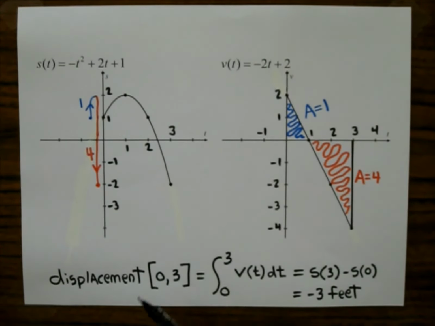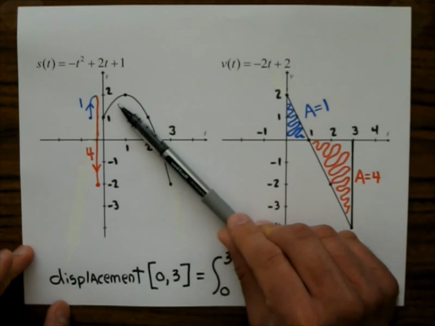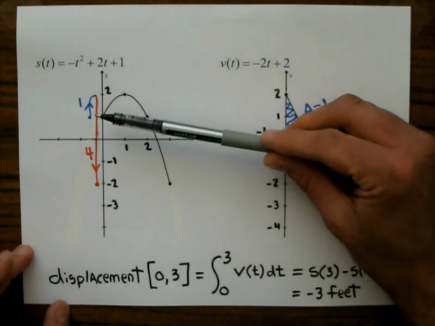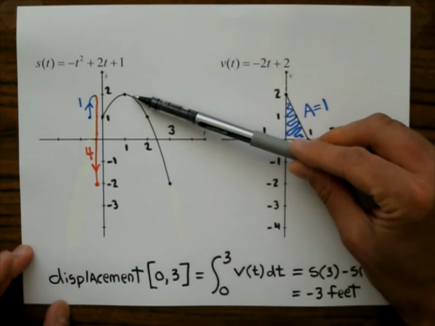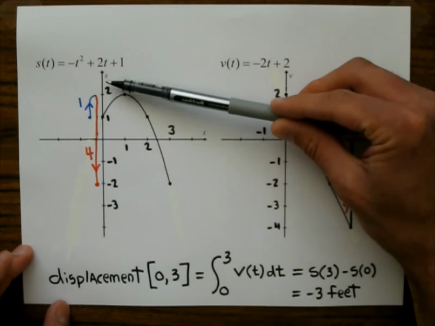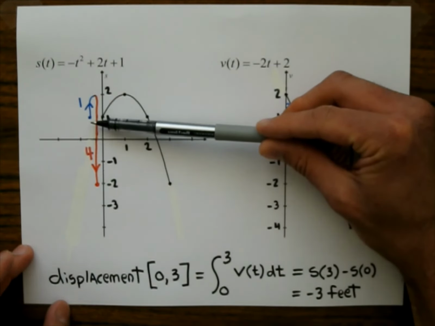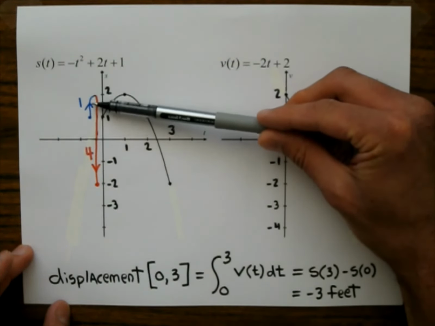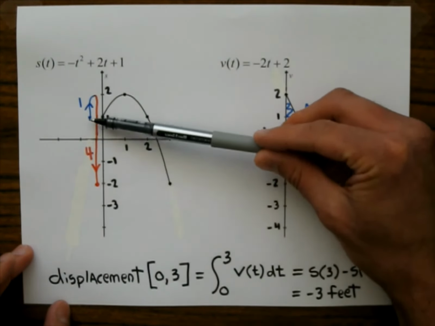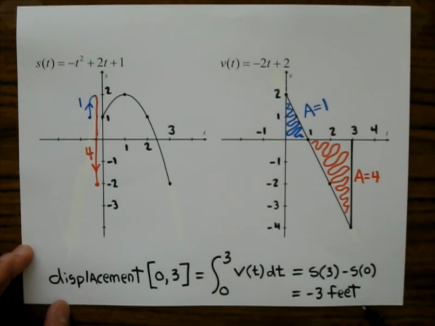And here is the position function. It's a parabola. I've whited out the part that's outside this time interval. He's traveling on a number line, but you can think of the s-axis as the number line. He goes 1 in a positive direction and 4 down, and his displacement then is -3 feet.